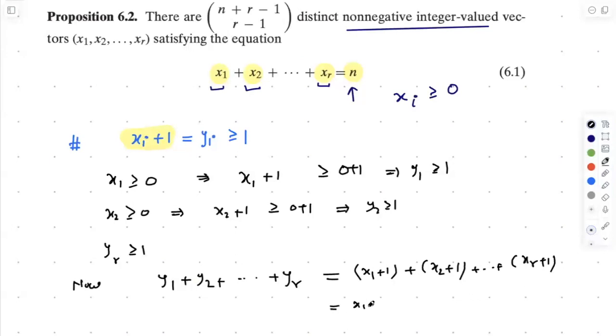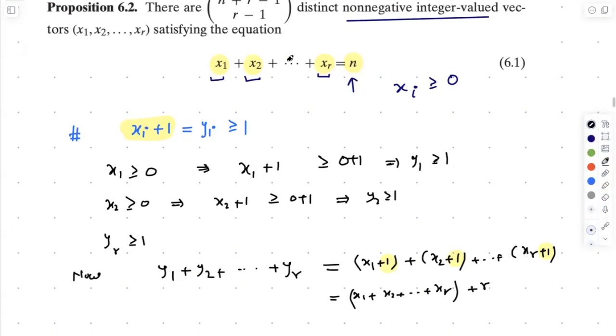If you add them, it is x1 plus x2 plus up to xr. And then after there are r terms like this, one is appearing r times, so it is going to be equal to r. From the given problem, you have the value of x1 plus x2 up to xr equal to n.